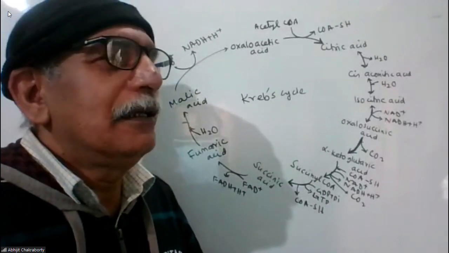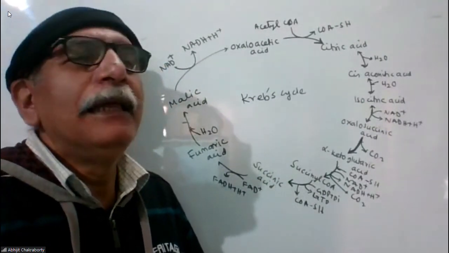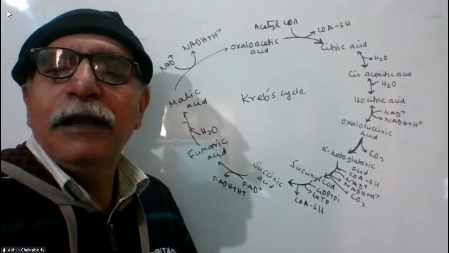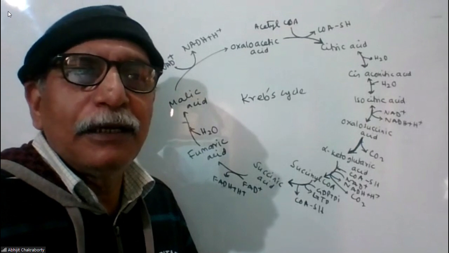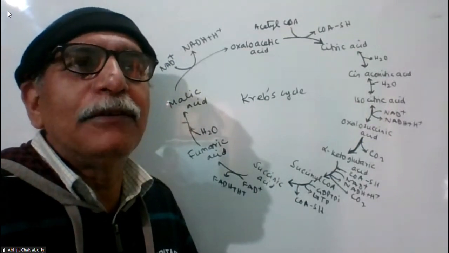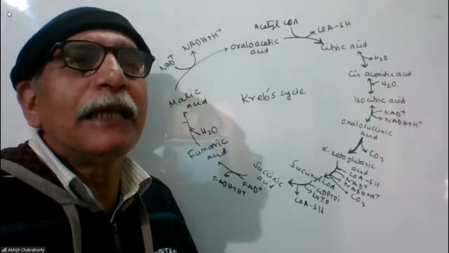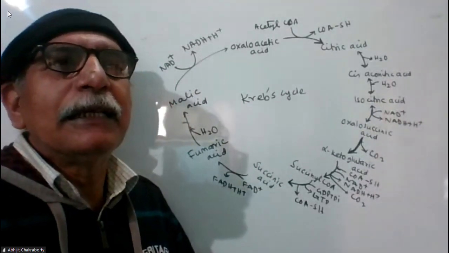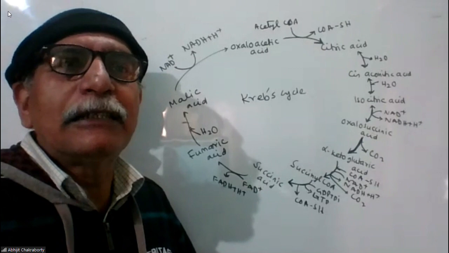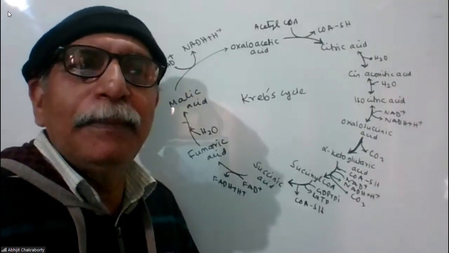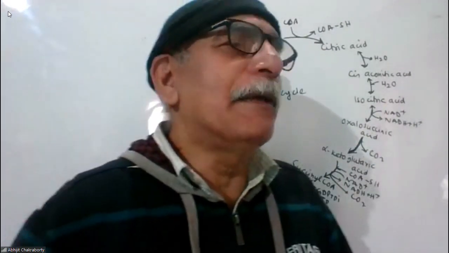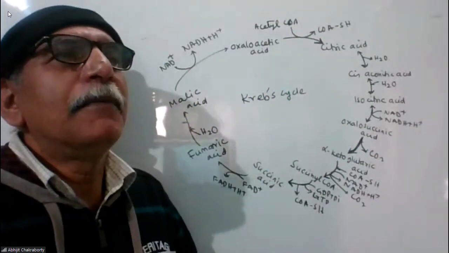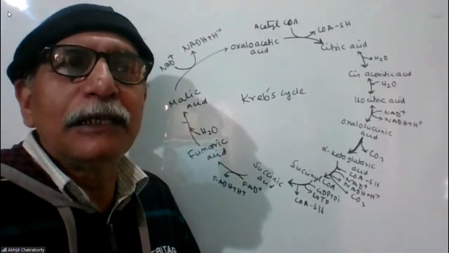Look, one thing I am telling you: in Krebs cycle oxidation occurs by means of dehydrogenation, and to facilitate dehydrogenation the coenzymes like NAD and FAD are required to be present in their oxidized form. I am repeating it again. In Krebs cycle, oxidation of substrate occurs by means of dehydrogenation.